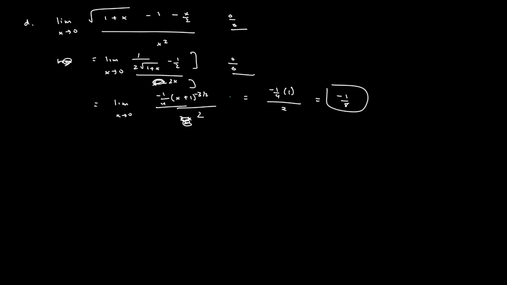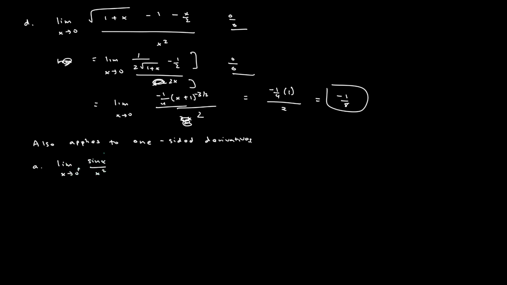Now, L'Hopital's rule also applies to one-sided limits. Let's look at some problems related to that. Let's find the limit as x tends to 0 from the positive side of sine x divided by x squared.